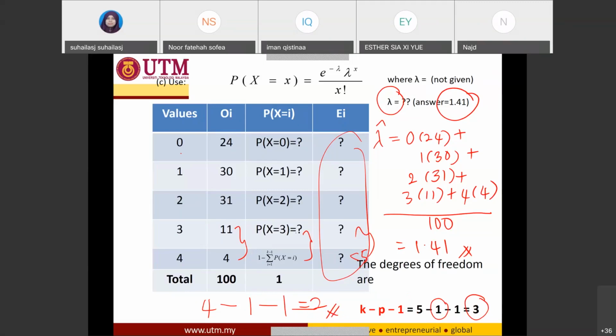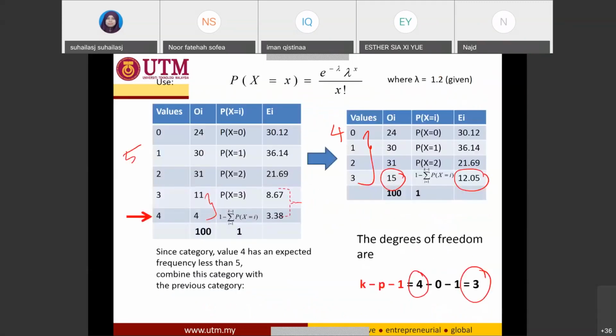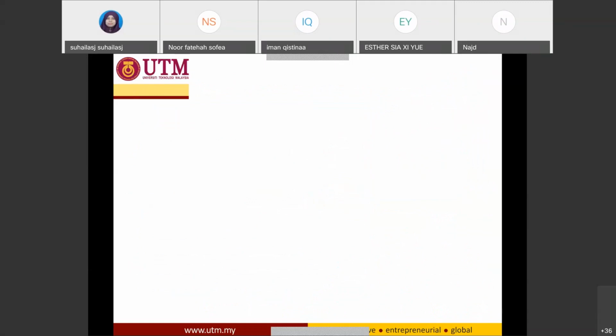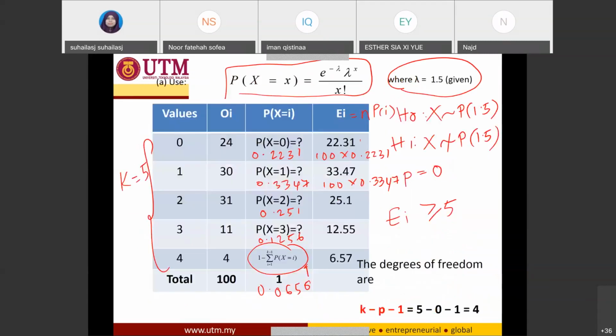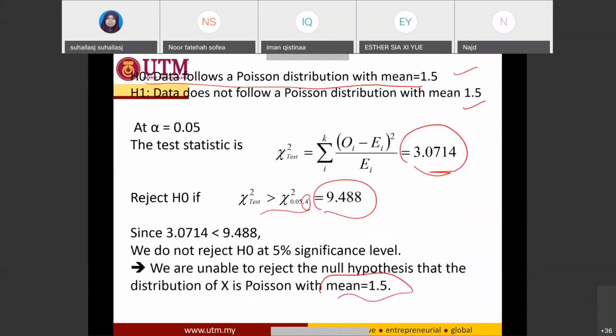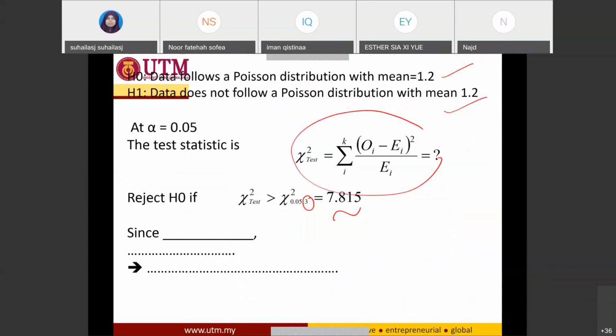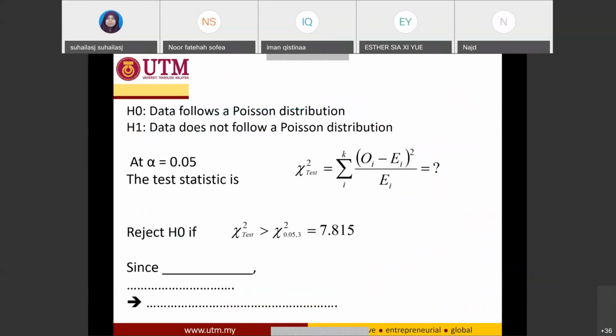That is the difference between these 3 cases. The 3 cases stated here, each case is different. You can try on your own for B and C. We can try to get the probability and see. When you write it like before, just write it like this: data follow Poisson distribution, data does not follow Poisson distribution.